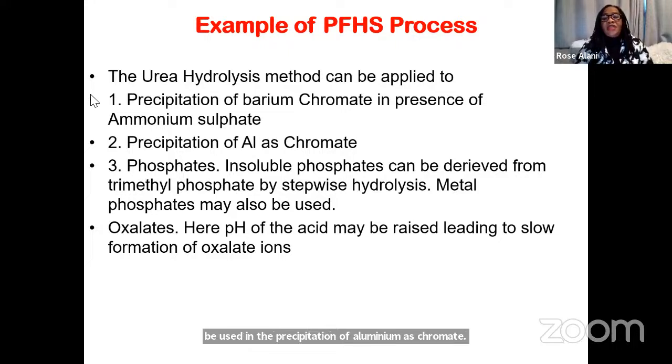Insoluble phosphates can be derived from trimethyl phosphate by stepwise hydrolysis. Then metal phosphates may also be used. You can also use it for oxalate. Here the pH of the acid may be raised, leading to slow formation of oxalate ions.